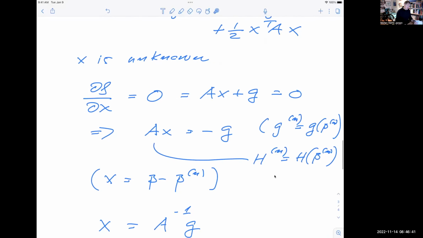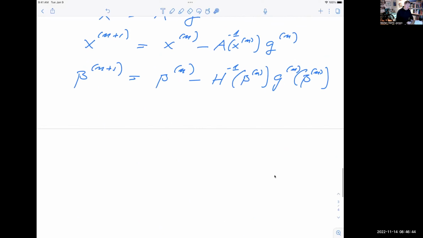Okay, so we have a set of equations which we want to solve. One of the things which strikes you immediately is that we have to calculate the inverse of a matrix, but we also need to calculate the gradient, g of n. Clearly, if you have something like a neural network calculation, you could easily have 1,000,000 parameters beta.